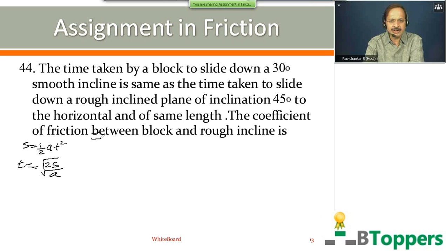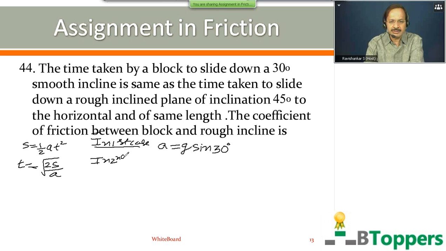In the first case, it is sliding down a smooth inclined plane. As I discussed in the past, the acceleration of the block when it slides down a smooth and fixed inclined plane with angle of inclination theta to the horizontal, under the action of its weight mg and the normal reaction, is given by a equal to g sin theta. Here theta in the first case equals 30 degrees.